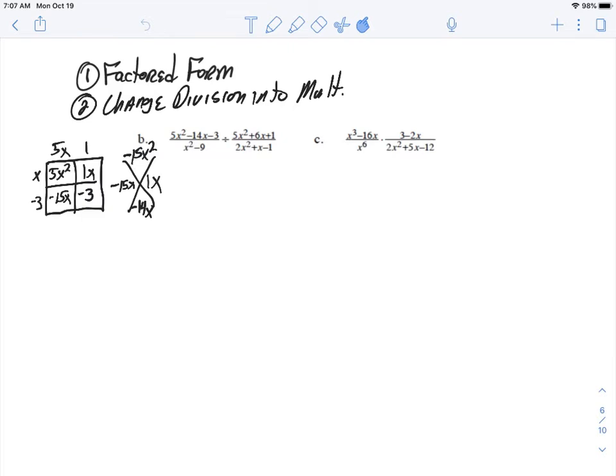The denominator of the first rational expression, this is the difference of two perfect squares. So that's going to factor into x minus 3 times x minus 3. So my first fraction is 5x minus 1 times x minus 3 over x minus 3 times x minus 3.